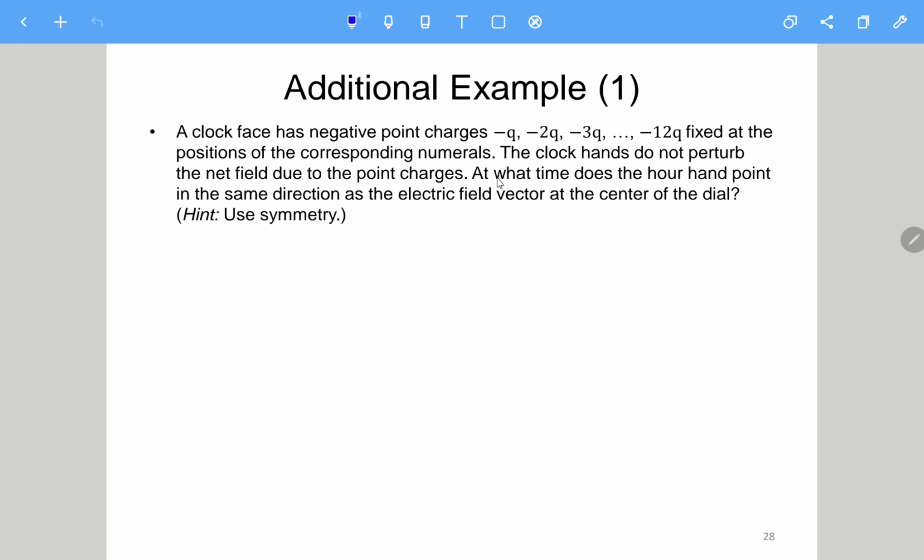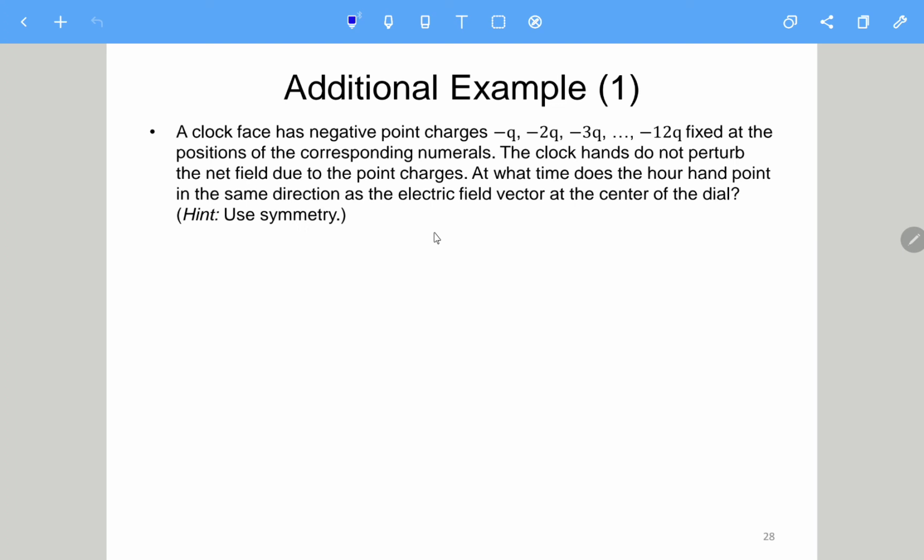The clock hands do not disturb the net field due to the point charges. At what time does the hour hand point in the same direction as the electric field vector at the center of the dial? Hint: symmetry.